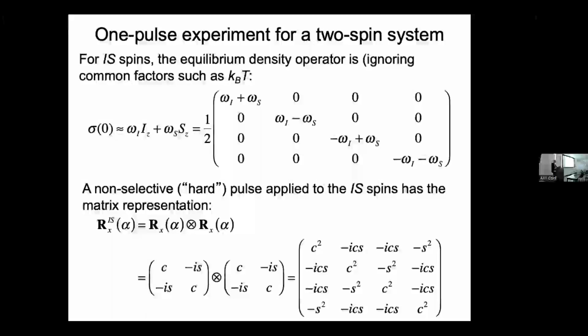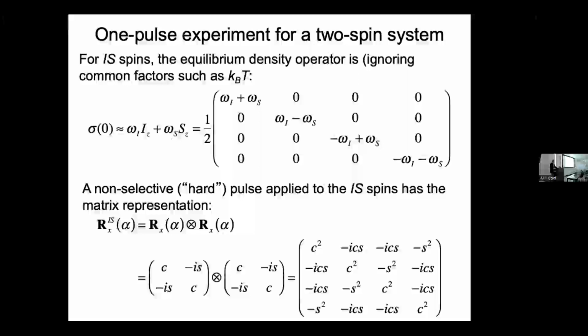If we're doing nitrogen 15 and proton, omega I is 10 times larger than for nitrogen. So I have 10 times more proton polarization than I do nitrogen polarization. So if I'm doing a calculation, I may need to keep the omega I and the omega S so that I get the intensities of the signals right.